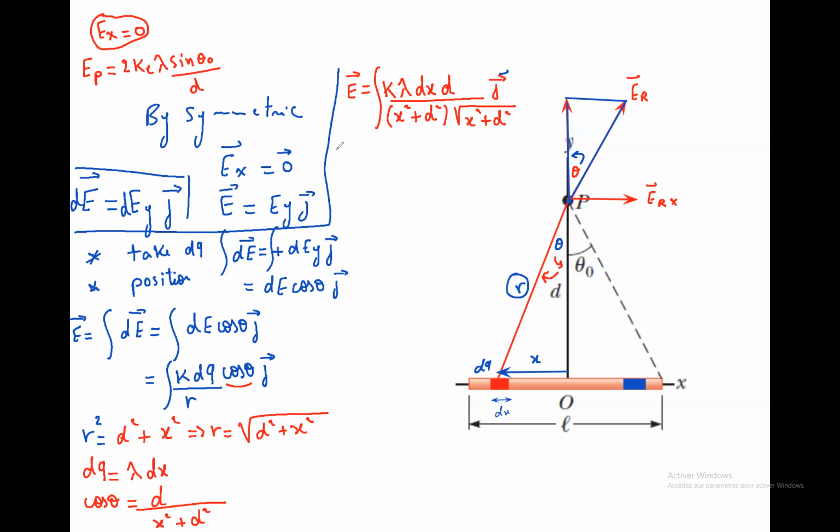It's okay. You know that k is constant, lambda is constant, d is constant. The perpendicular from P to the point O will not change. It's constant. We can write dx divided by these two values. Listen, let this value equal to a. Okay, equal to a.